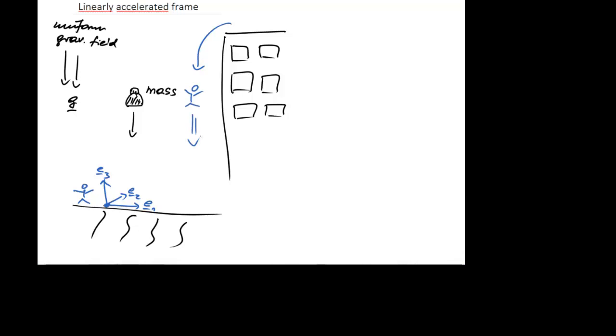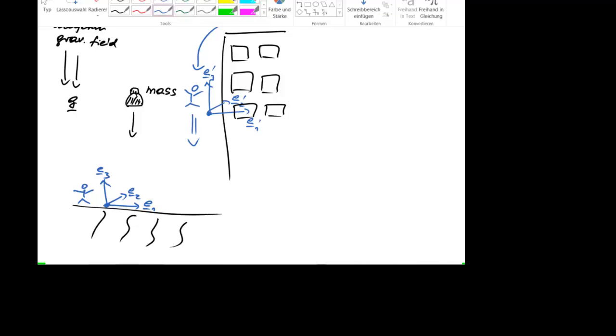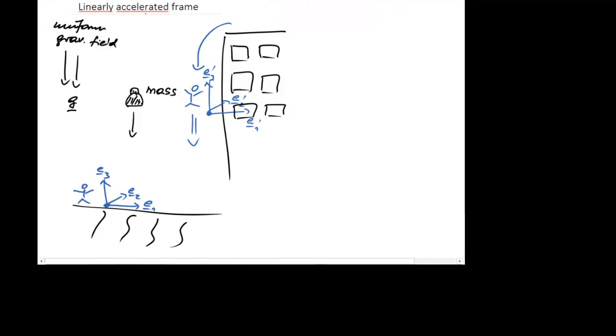But for the time being, my colleague is freely falling, and has a reference frame here, E1 prime, E2 prime, E3 prime. Now our reference frames have the same orientation, so in that respect it's trivial, but they have different origins. So we are separated by a distance vector d of t.